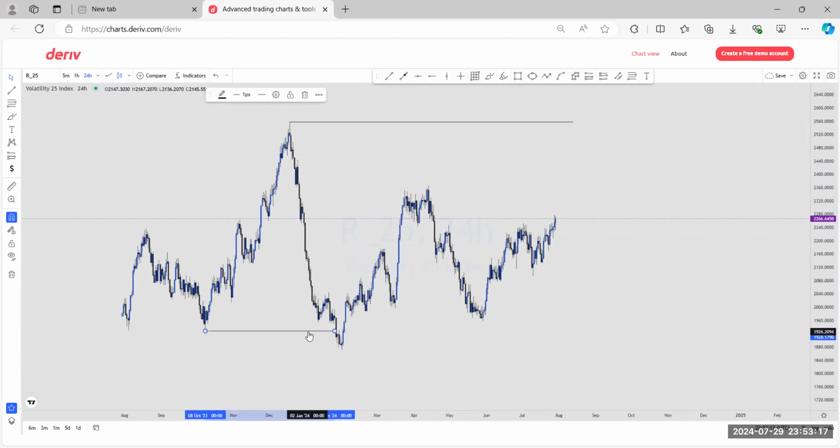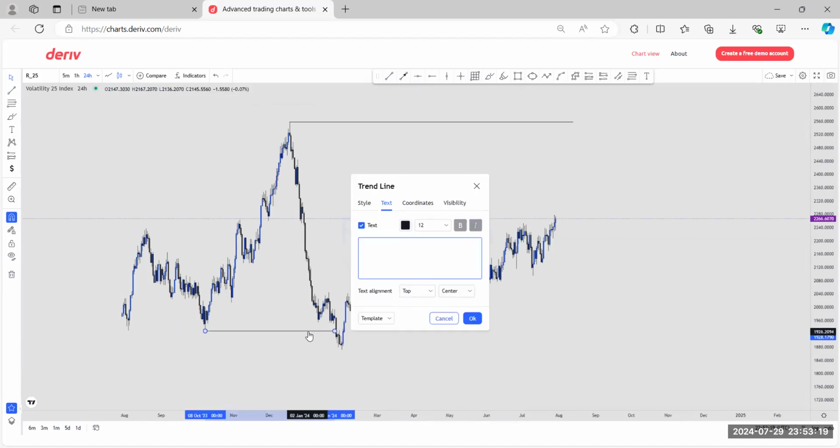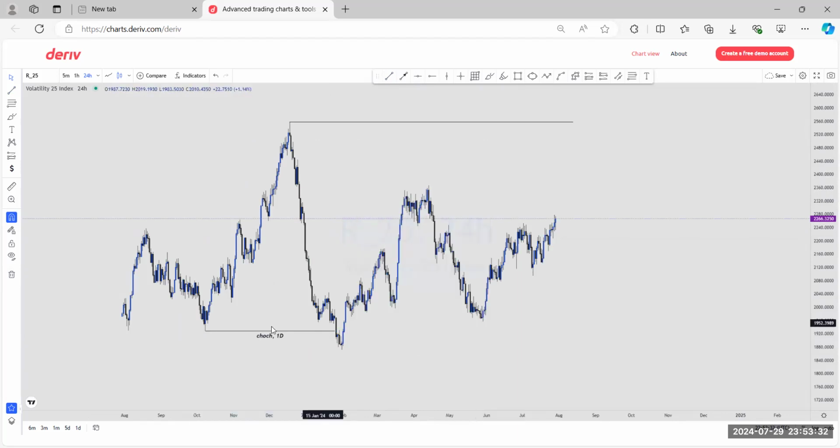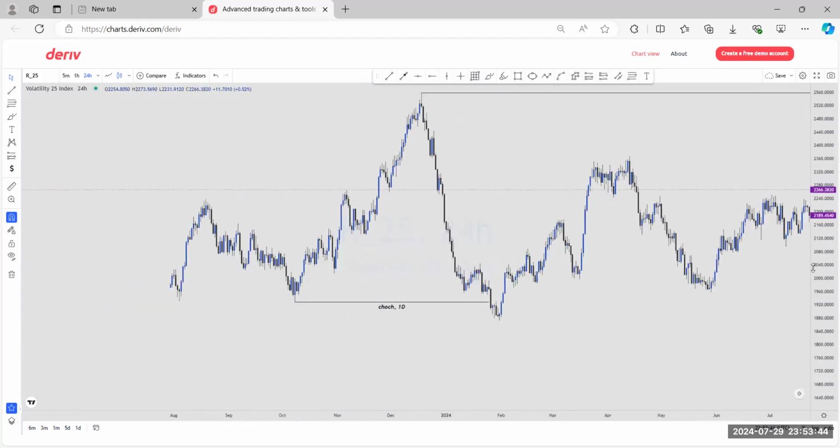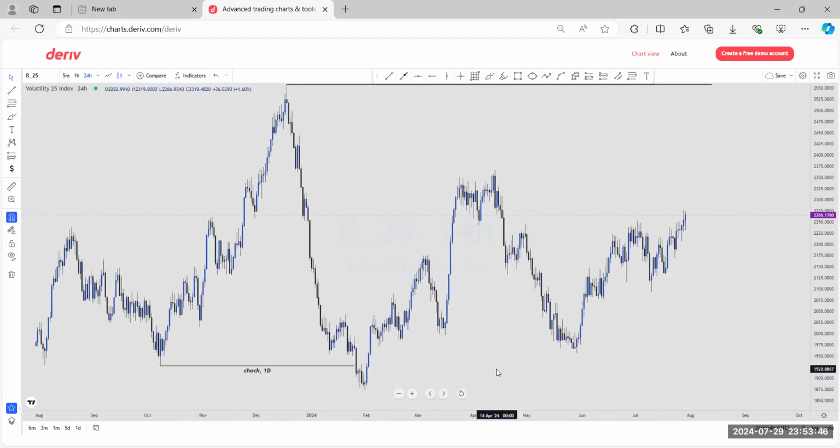So we can call this CHoCH, change of character, on our daily time frame. What it means is that from here to the upside, we were bullish, and price has taken the low with the candle's body, proving to us its bearish intent.